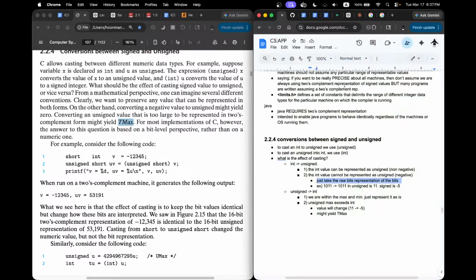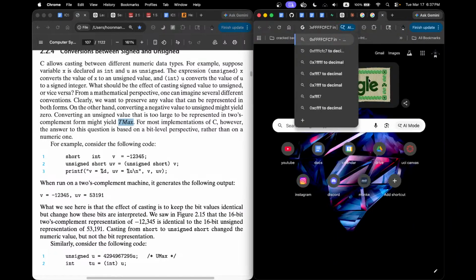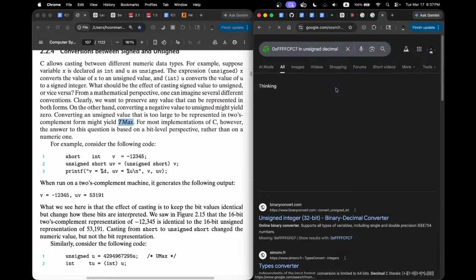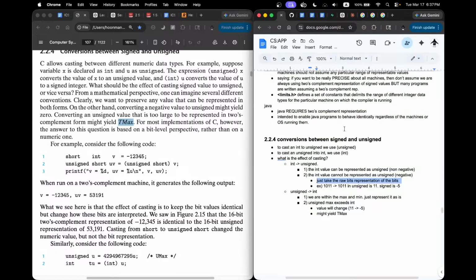In 2's complement? I don't think that's right.